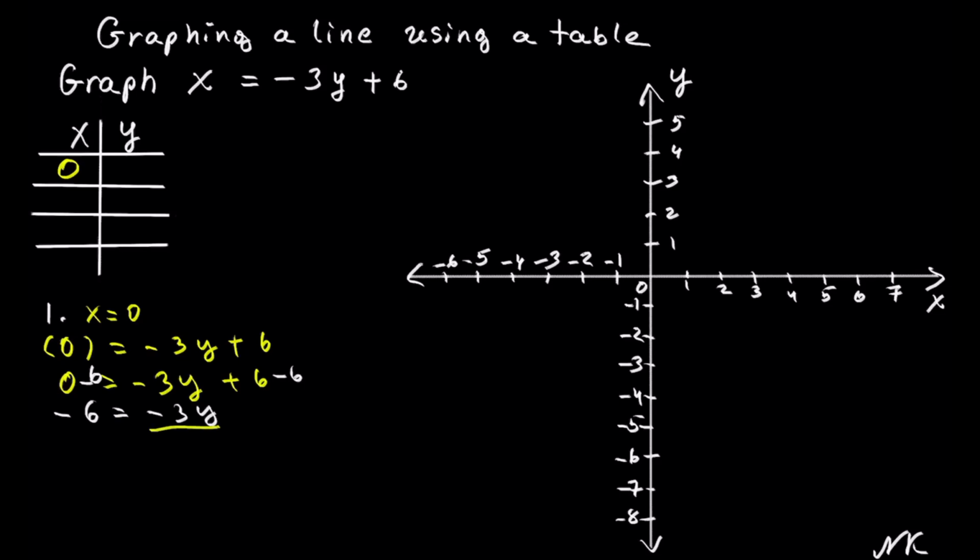Let's divide by -3 on both sides and we get 2 equals y. So when x is 0, y is 2. So our first point is here: when x is 0, y is 2.